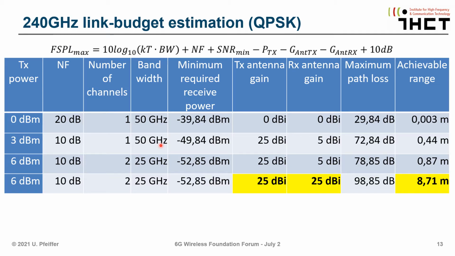Now, the question though is, is that anywhere practical? For this, you have to look into the link budget estimation, which is shown here for a QPSK, moderate spectral efficiency. You can look into various transmit powers and noise figures for different RF bandwidths. Of course, if you increase the bandwidth, the total noise integrated over this bandwidth increases.